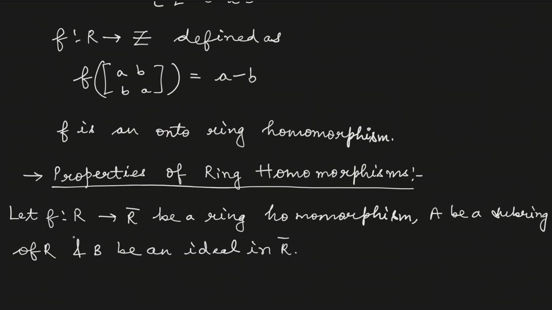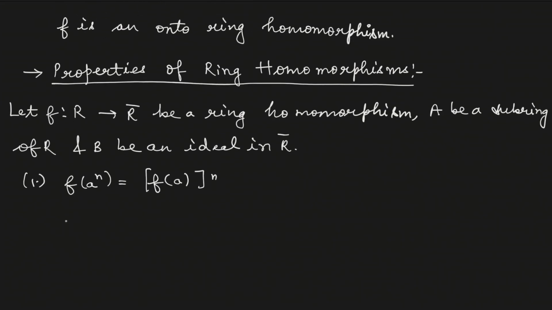First, f(a to the power n) can be written as (f(a)) whole to the power n. Also f(na) is equal to n f(a) for all n belonging to integers.